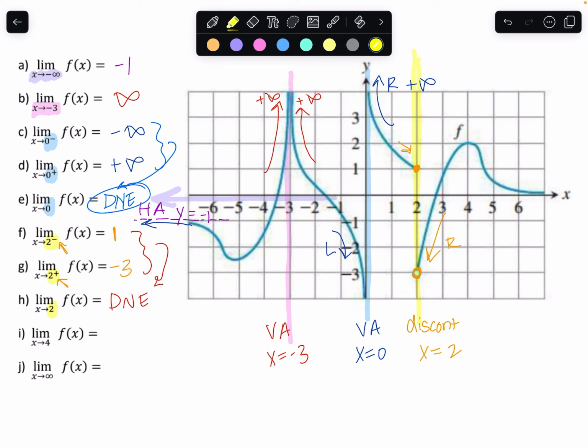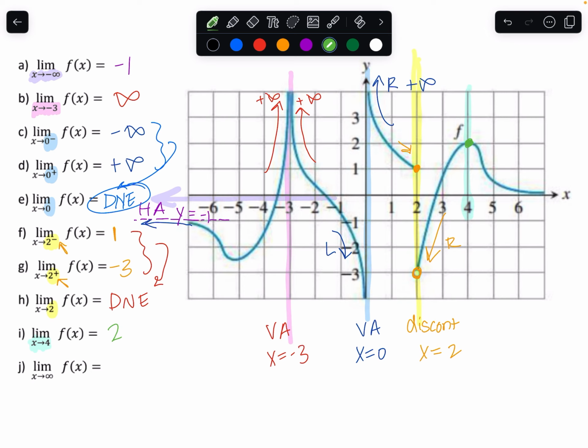All right, example I, we're going to look at the limit as x approaches 4. 4 on the graph is this point right here. And as we approach 4 from the left and the right side, you can see that the y value is going towards 2. And 2 is a defined function value on the graph.